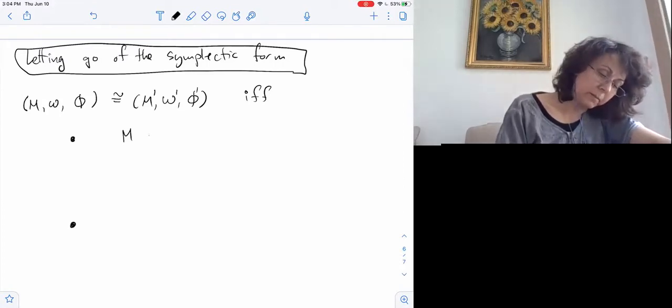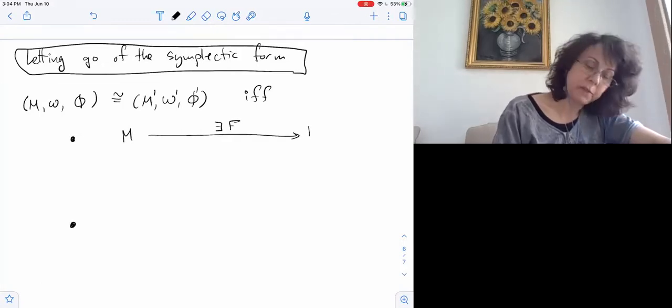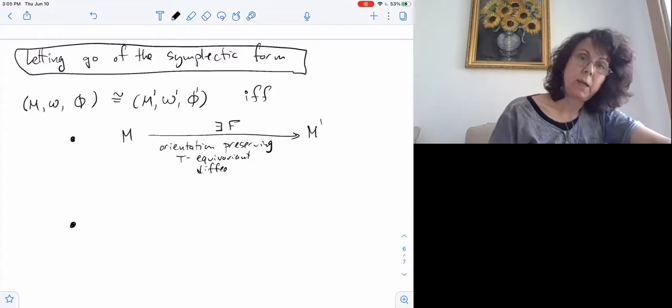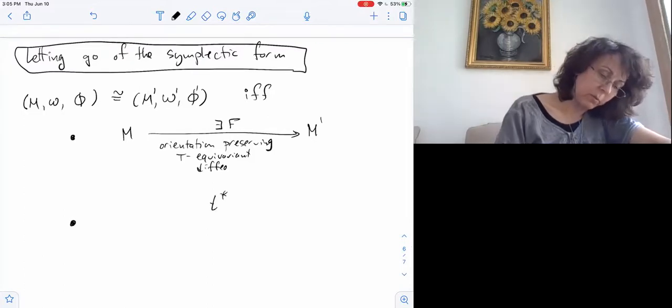First of all, there has to exist a diffeomorphism from M to M prime that is orientation preserving and intertwines the torus actions and intertwines the momentum maps.